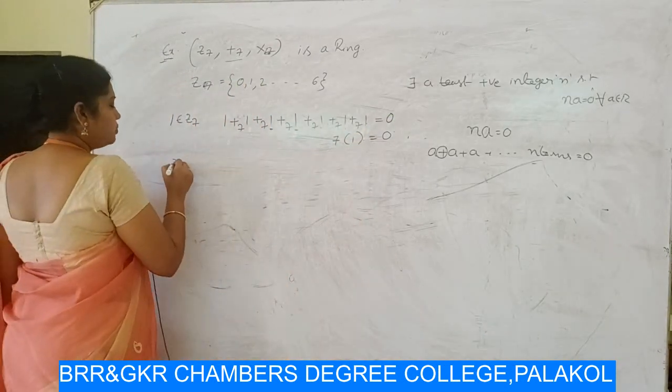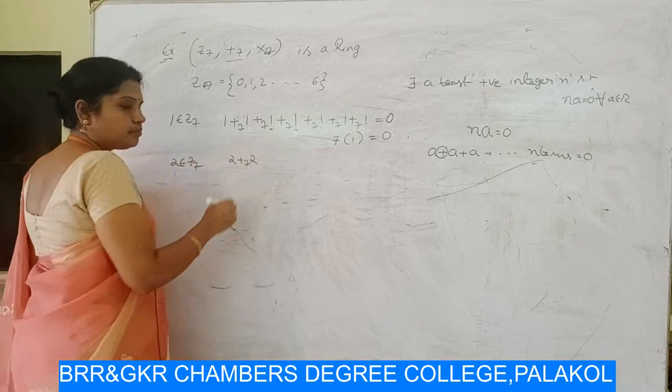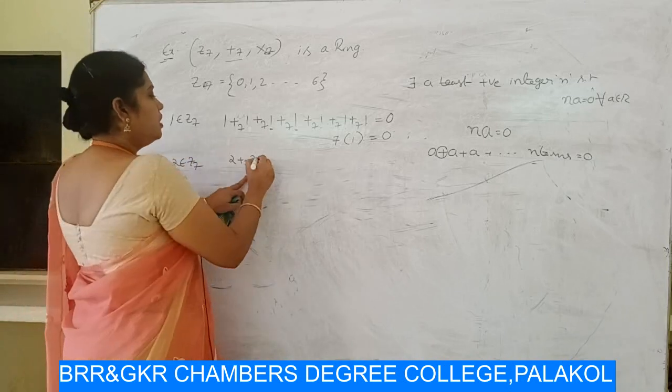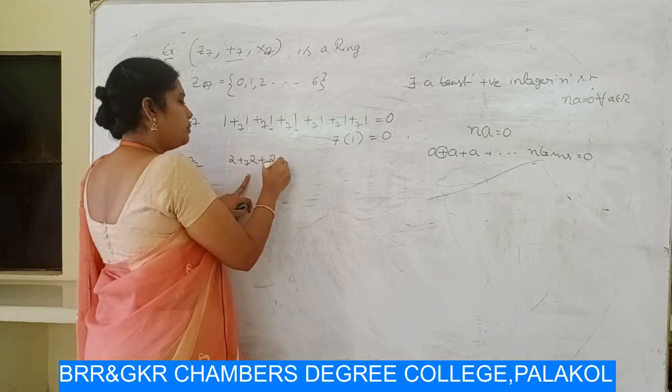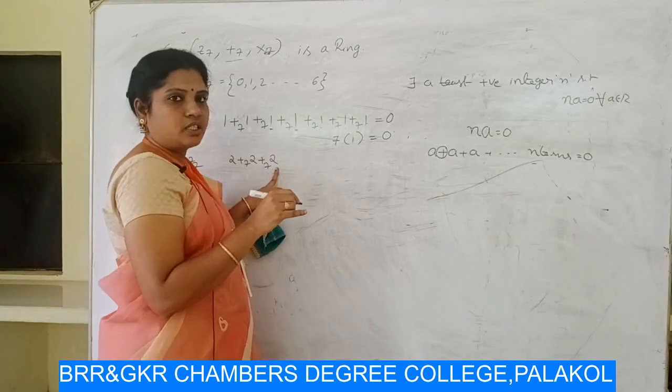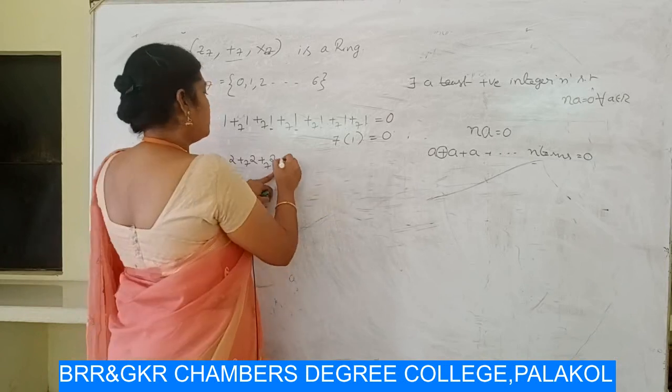Similarly, if we take 2, which belongs to Z7, 2 plus 2 is 4, and 4 divided by 7 has remainder 4. Again we add 2: 4 plus 2 is 6, remainder 6, so not equal to 0.